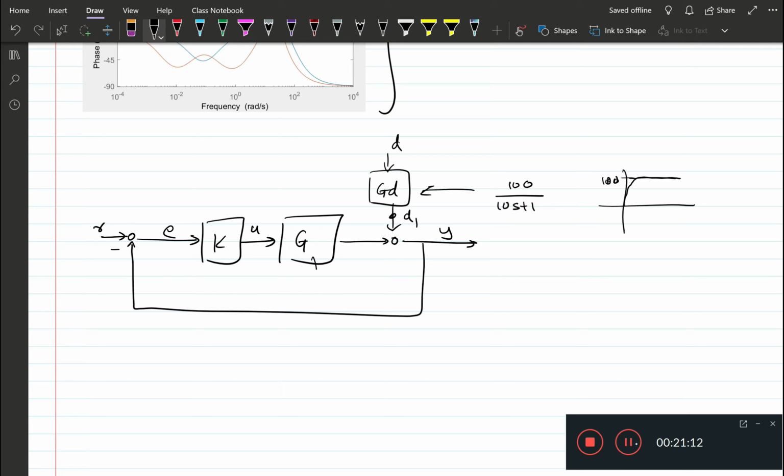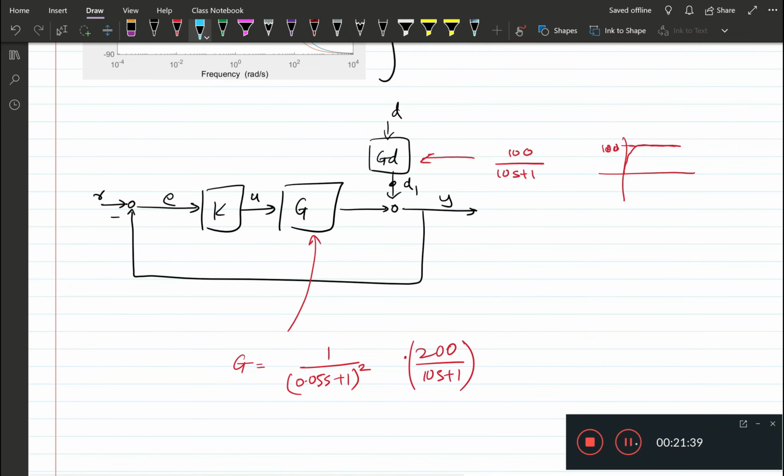Now this G, let me have this in red. Now this G is 1 over 0.05s plus 1 squared times 200 over 10s plus 1. So we have 2 poles at 20.